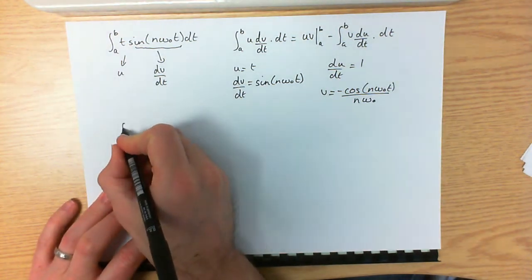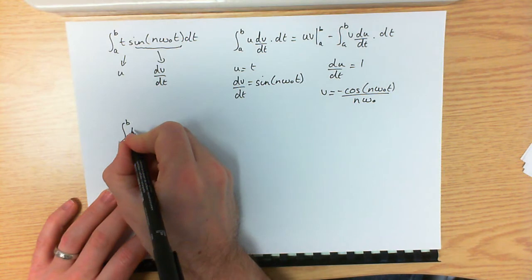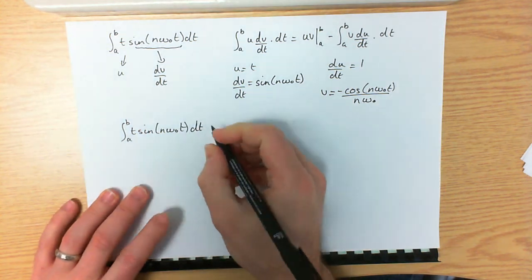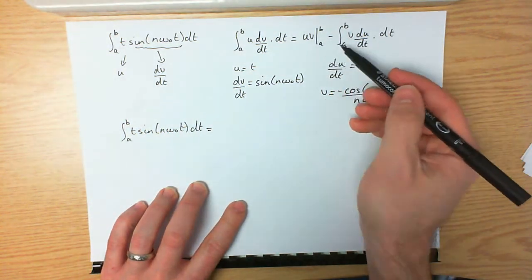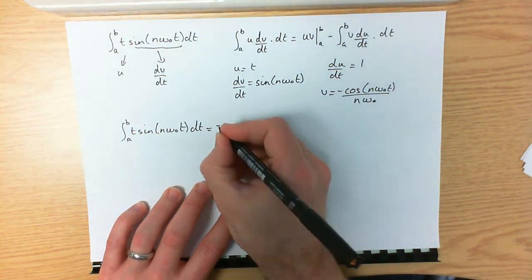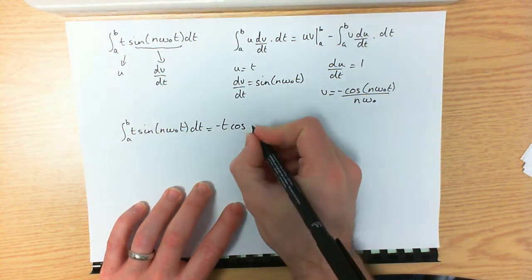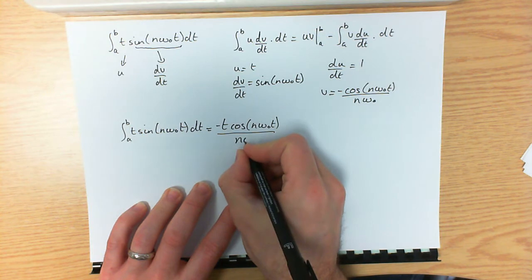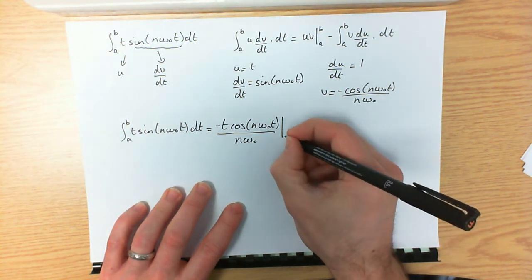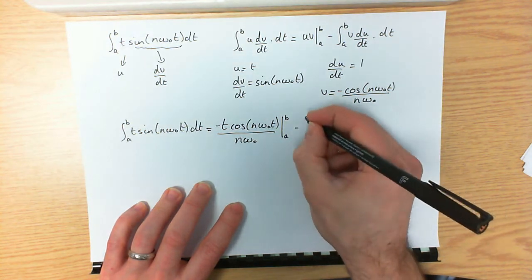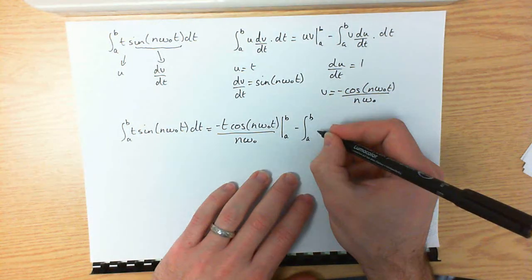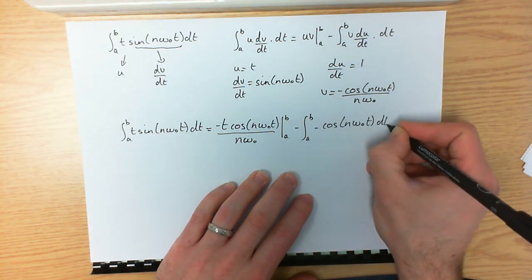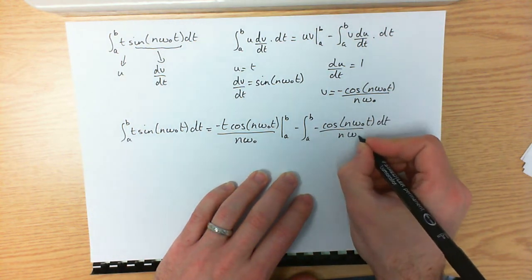So the integral between a and b of t sine n omega naught t dt is equal to minus t cos n omega naught t over n omega naught, between the limits of a and b, minus the integral between a and b of minus cos n omega naught t dt over n omega naught.